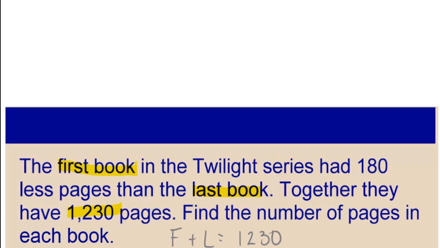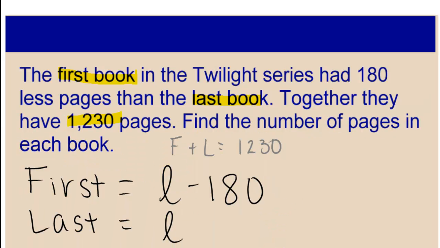We need to define first book and last book. So what you want to ask yourself is which one is based on the other. Well, the first book has 180 less pages than the last book. So the first book is based on the last book. It's defined by the last book. So the last book is the one we're going to make our variable. So we're going to let the last book equal whatever variable we want.